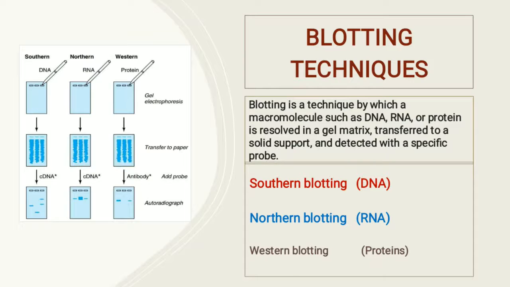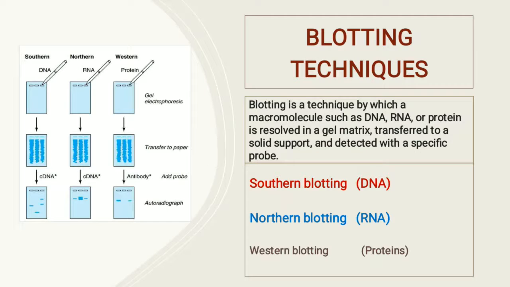blotting. So all of these blotting techniques are used to detect your macromolecule of interest from a mixture of that particular type of macromolecule. The basic steps involved in all of these blotting techniques are the same. So first of all, you will need to extract the macromolecules from the cell.